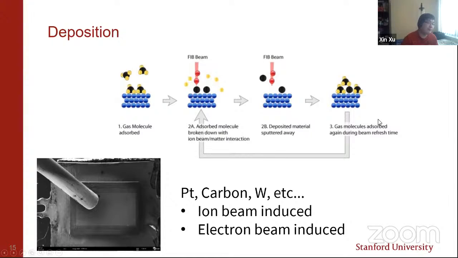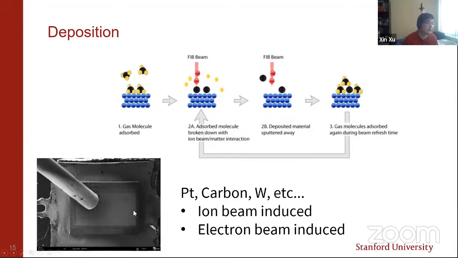And when you keep flowing the gas molecule precursor to the same area, it will give continuous deposition. If you stop flowing the gas and the ion beam images the surface, it will sputter away this material, and it will become an etching process.